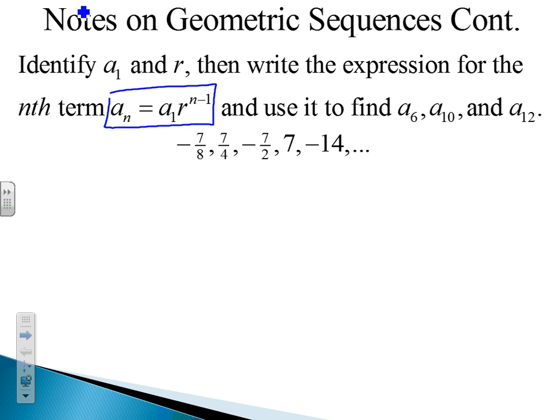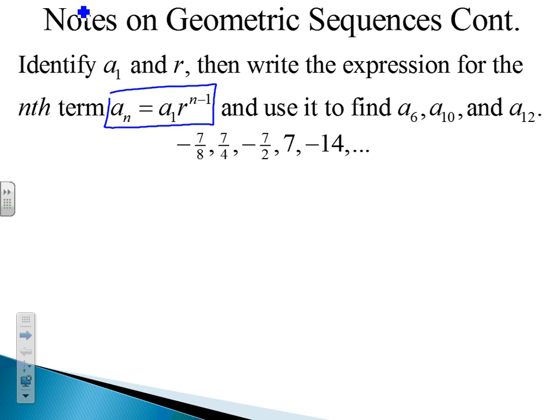So looking here at the list of numbers that we have, negative 7 over 8, 7 over 4, and so on, we want to identify what is the common ratio? The thing that differentiates a geometric sequence from an arithmetic sequence is that in an arithmetic sequence, we would take the difference of the consecutive numbers, meaning I would start at negative 14 and subtract the 7 and say, oh okay, the difference here is negative 21.